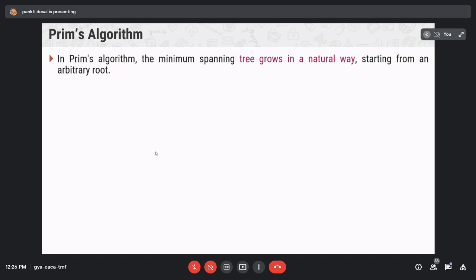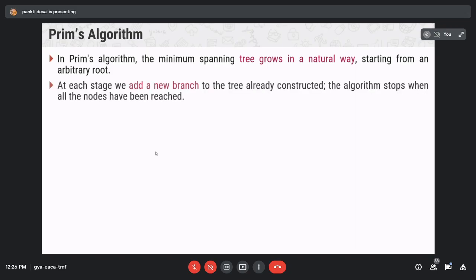So let us understand Prim's algorithm in detail, right? In Prim's algorithm, the minimum spanning tree grows in a natural way starting from an arbitrary root. In Kruskal's algorithm, we select first the edge having the minimum weight in the given graph G. But in Prim's algorithm, you can arbitrarily select any node as the root of the spanning tree.